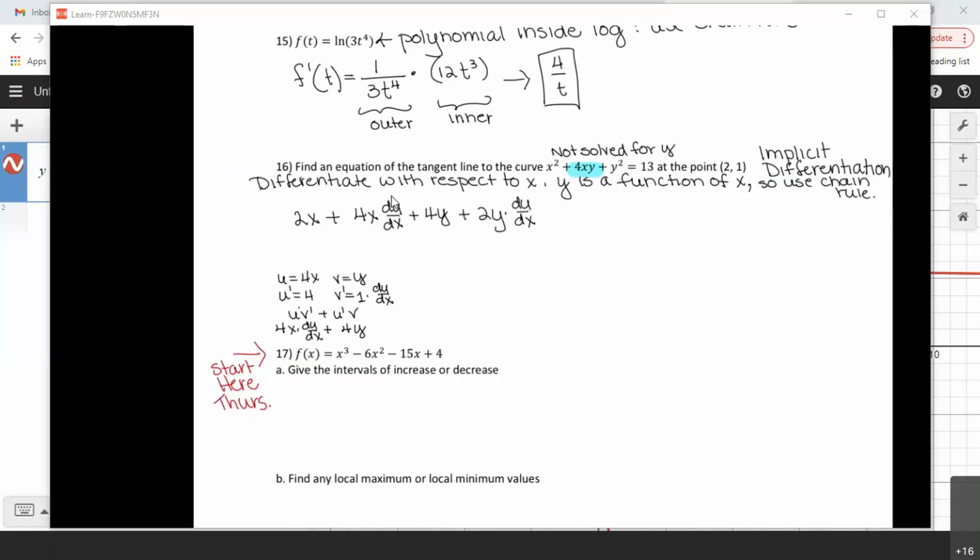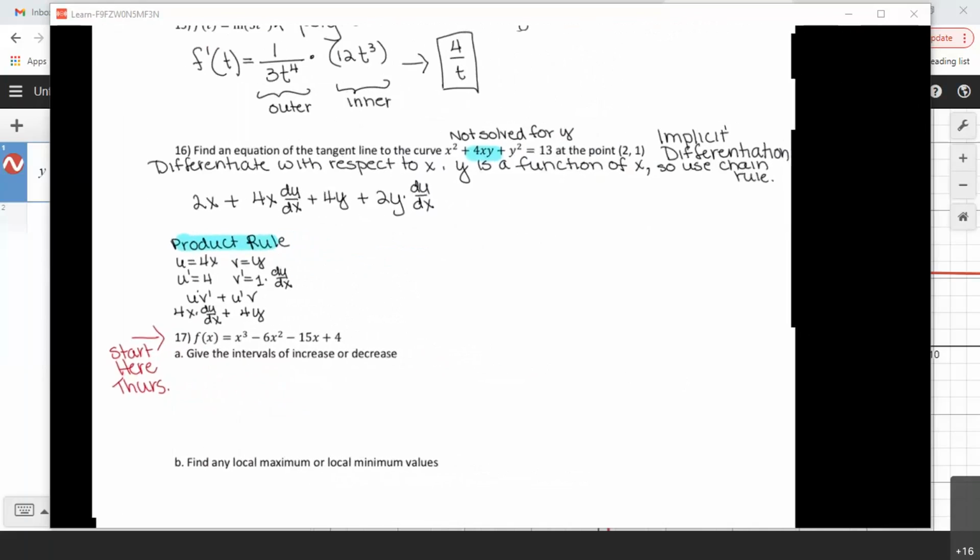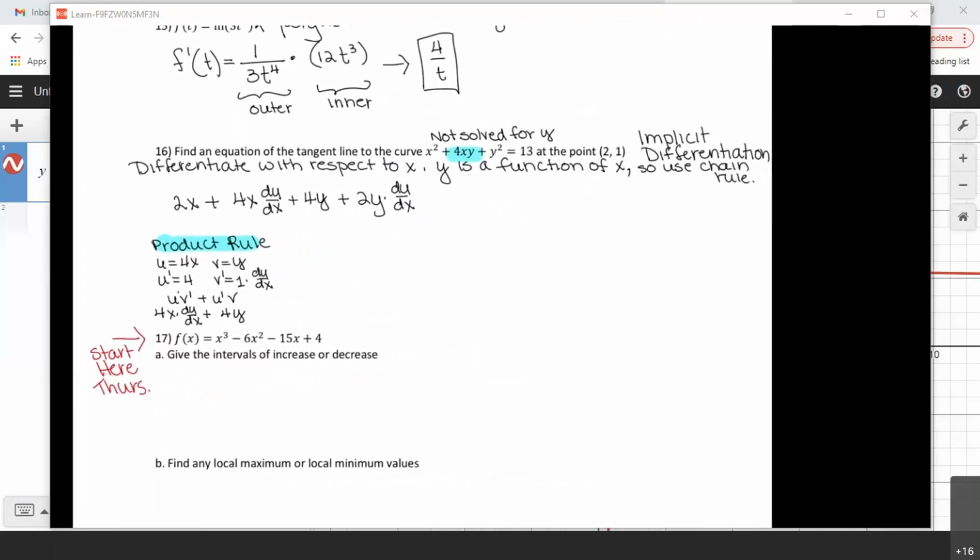This one generated multiple terms because I had to use the product rule, from the term highlighted in blue. The right-hand side of my equation is 13, so its derivative gives me a 0.